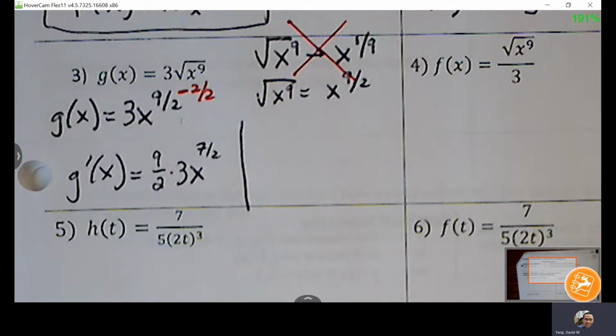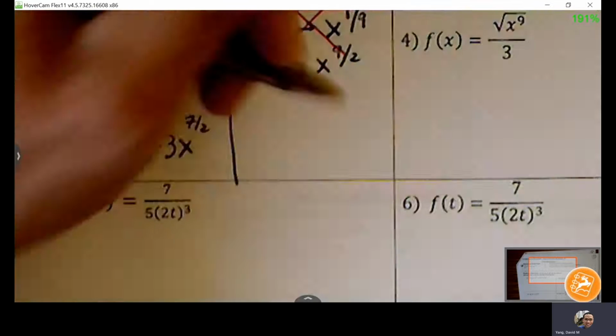Okay, we can combine those coefficients together. We already are sitting at a positive exponent, so we don't have to move that exponent.